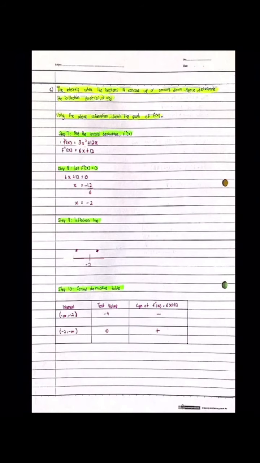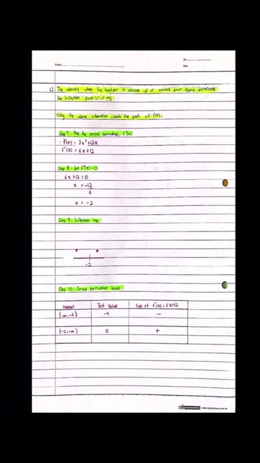For step 8, let f double prime x equal to 0. So 6x plus 12 equals 0, and x equals negative 12 over 6, so we get x equal to negative 2.